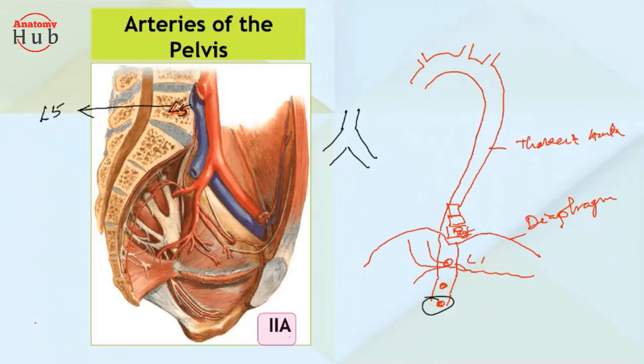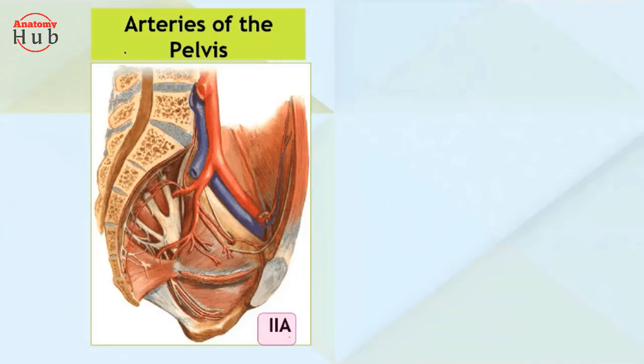One will be your right and the left common iliac artery. Okay, so this will be the left common iliac artery. Okay, left common iliac artery. So in this way, here you can see whatever the cut mark over here, no? This one is the right iliac artery. Here you can see that this is actually the right one, no?